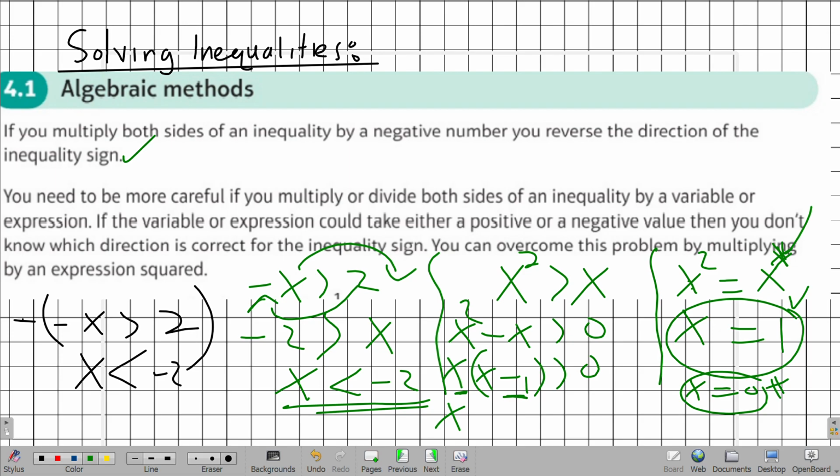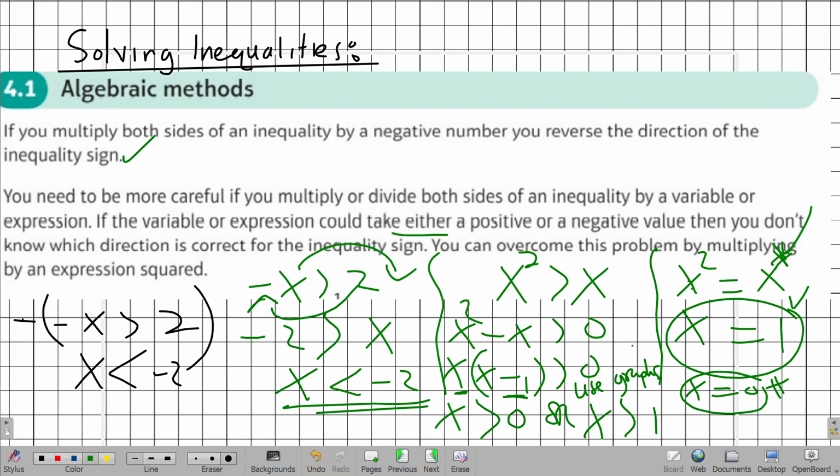Now, to know which direction, because the temptation is to say the answer is x is greater than 0 or x is greater than 1, which is actually not true in this case. The way to avoid this is either to use graphs, or to reduce this.